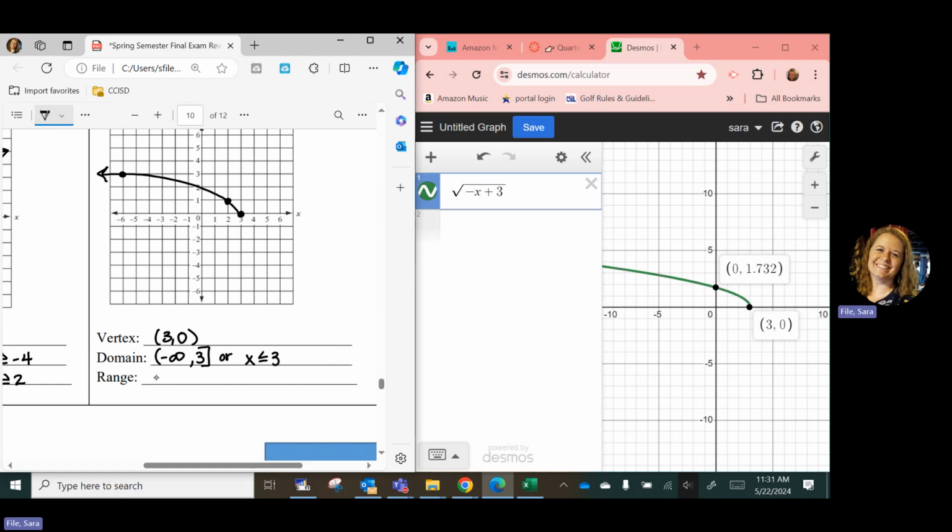Range goes from 0 up to infinity, including the 0, or you could write y is everything greater than or equal to 0. Both of those are correct ways to write the domain and range. You need to be able to answer domain and range questions in interval or inequality notation.